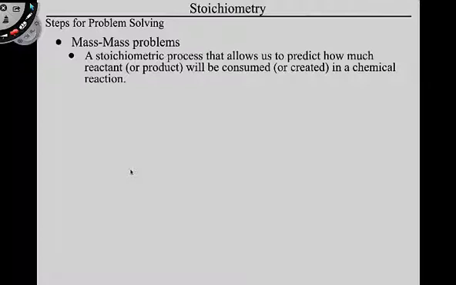And what you're going to find out, guys, is that there's 4 steps to these problems. And the steps are always the same. It's dimensional analysis. But the dimensional analysis becomes very repetitive because it's the same 4 steps.